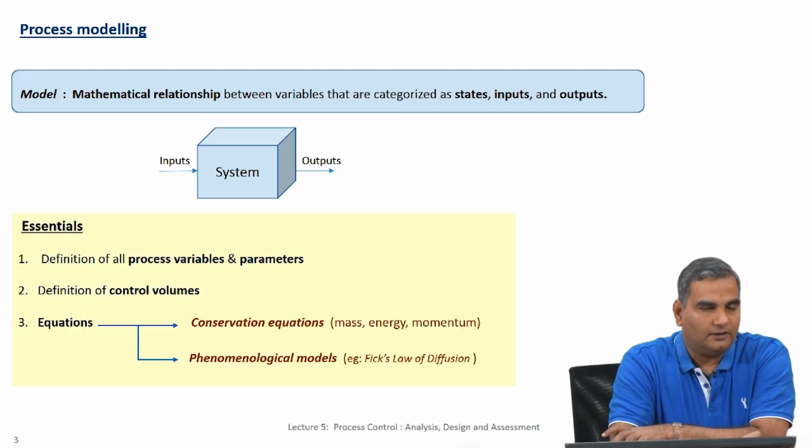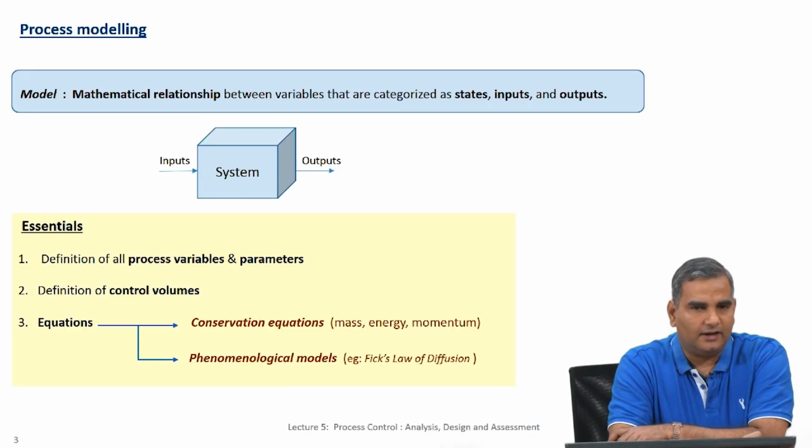Now, are these the only equations that we write? It turns out that these equations might not be enough to get us enough equations to describe how the process variables and parameters interact with each other. So, we also write what are called phenomenological models.